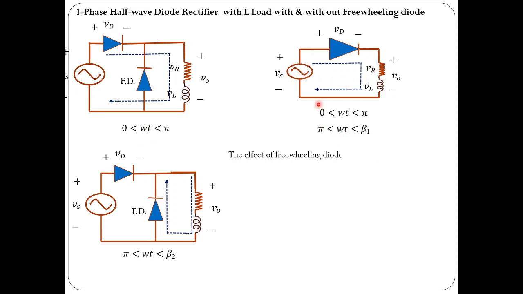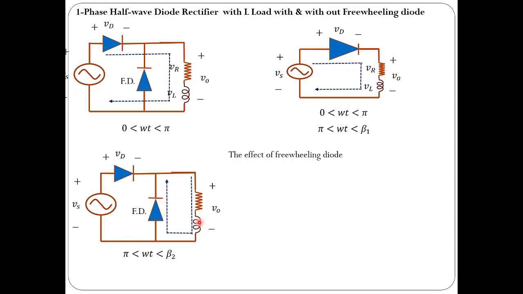So without the freewheeling diode, during this period, power is given back to the source. But in the case of the diode rectifier with the freewheeling diode, what is happening actually? During pi to beta, the current is taking this path, and the voltage across the load is 0. So there is no power fed back to the source.